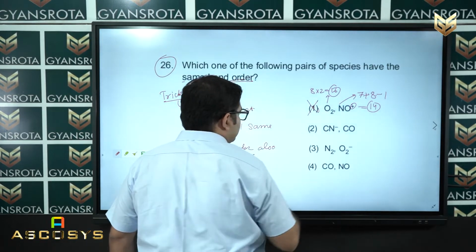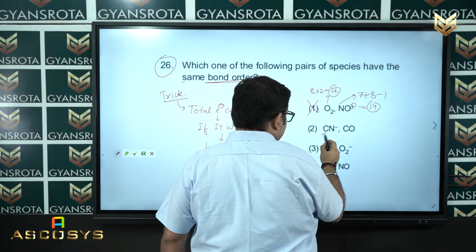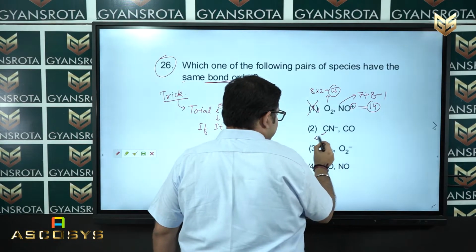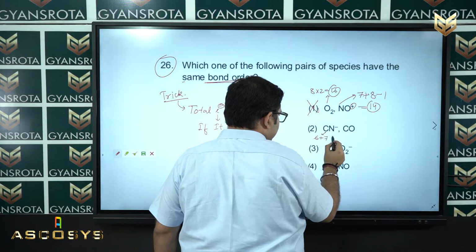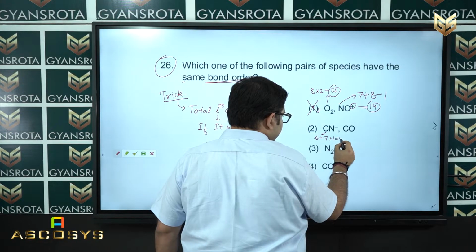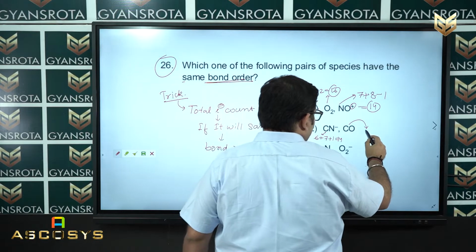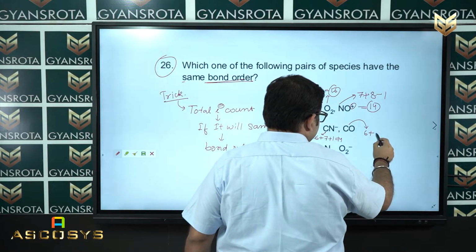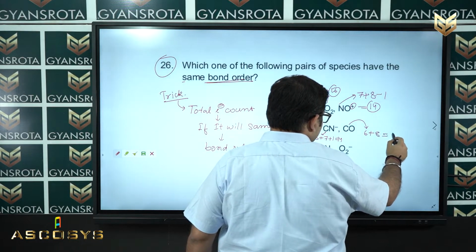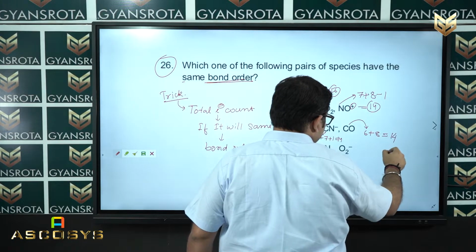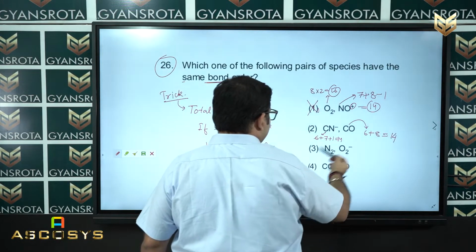So, this is not your correct option. Now, for carbon it is 6 and nitrogen is 7 plus 1, so it is coming as 14. Now, for carbon monoxide, carbon is 6, oxygen is 8, so this is also 14.